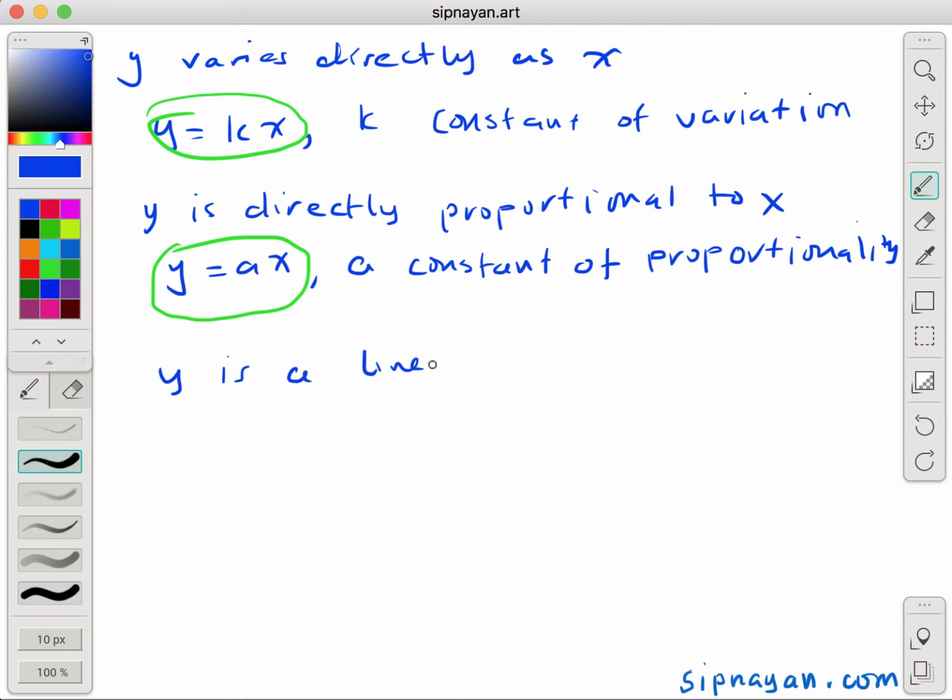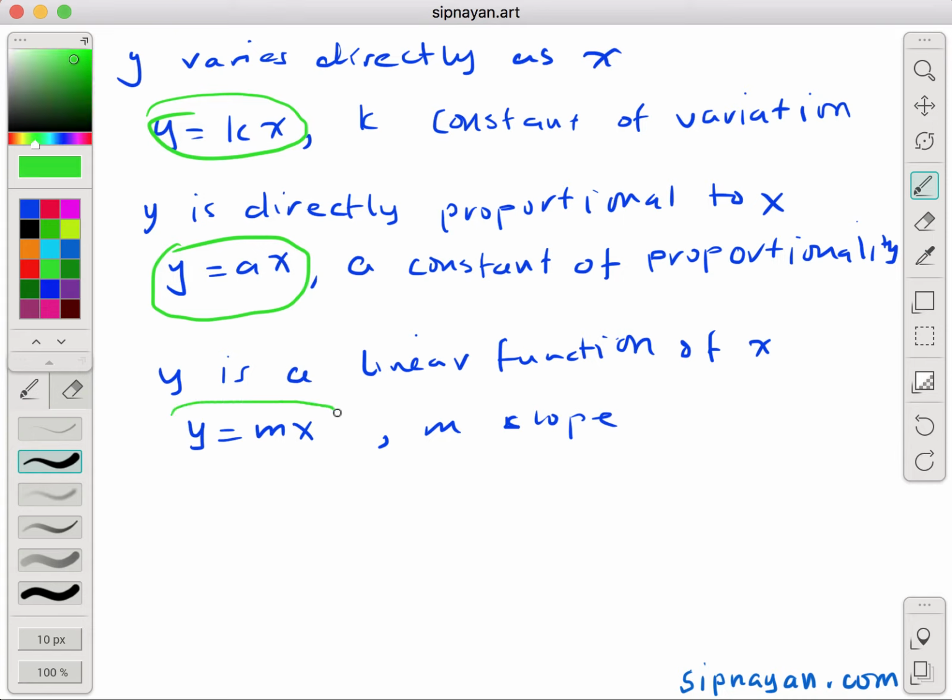Now, y equals mx plus b, pero pag b ay 0, then we have y equals mx. And again, this form is very similar to these two forms.